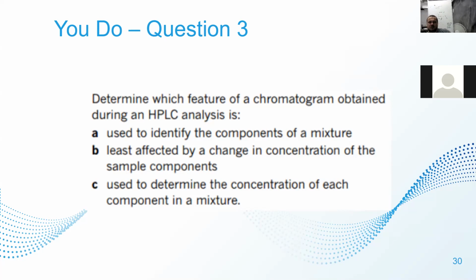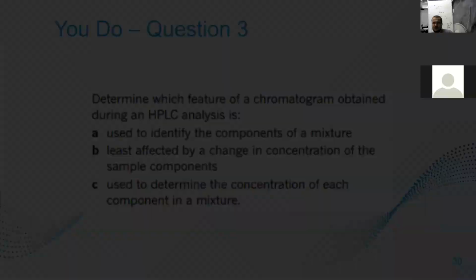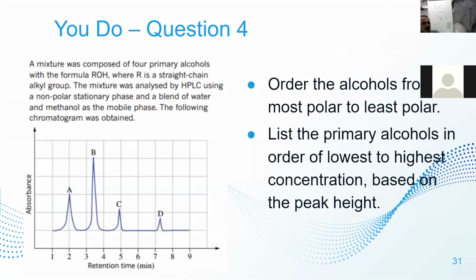So which would be least affected by a change in concentration of the sample components? Time again, yeah. So which is used to determine the concentration of each component? Peak height, very good.